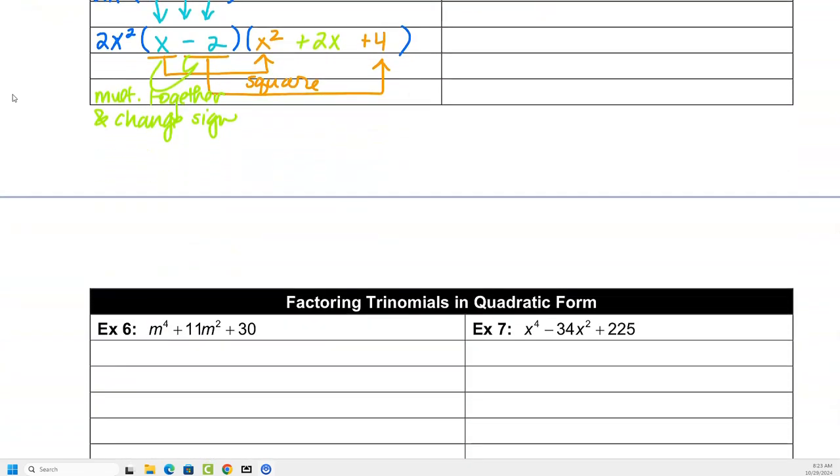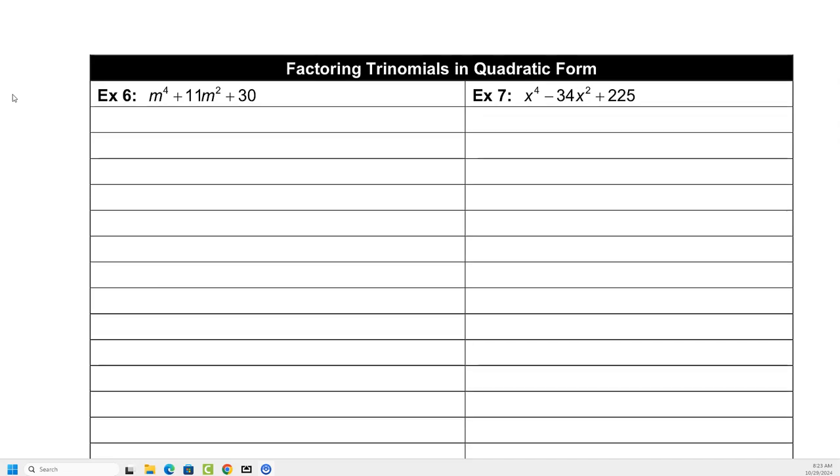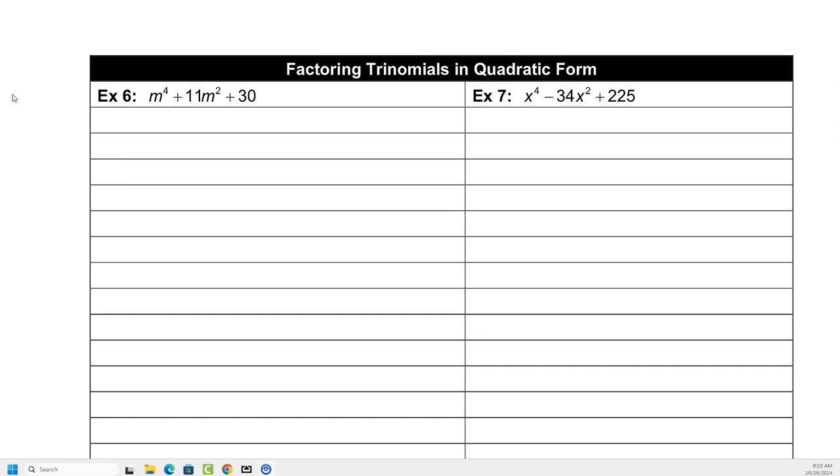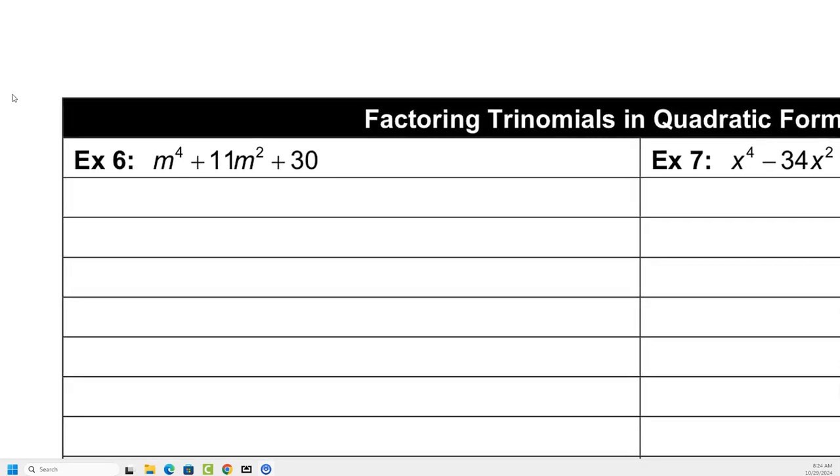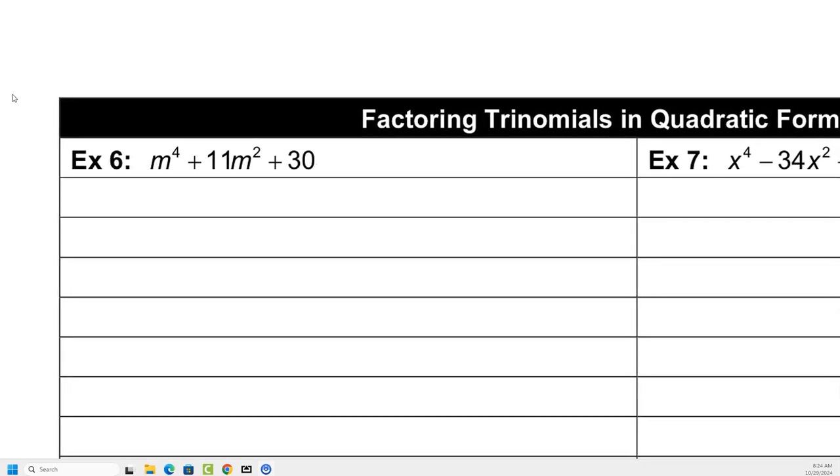Okay, so let's come down here and we're going to be factoring trinomials in quadratic form. Okay, so quadratic form means that we can rewrite it so that it is in a quadratic form. And so in order to do that, it has to meet the following criteria.